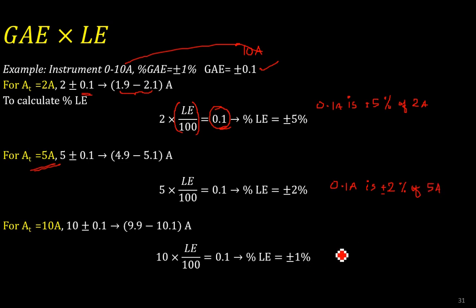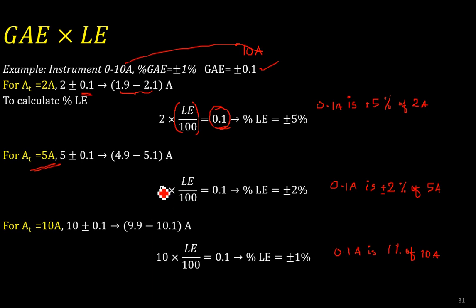Again, this will be 1% of 10 amperes. So always your guaranteed accuracy error is a fixed value, and your limiting error will be changing with respect to the true value.